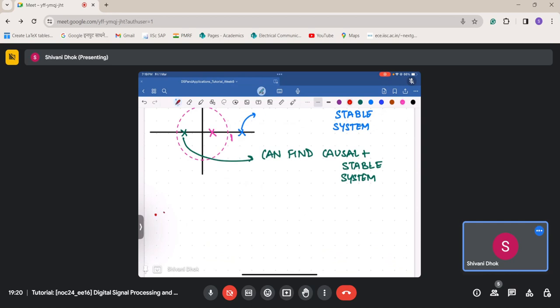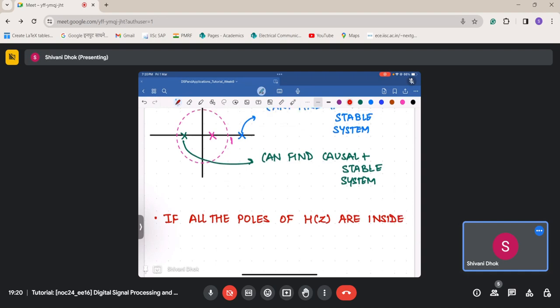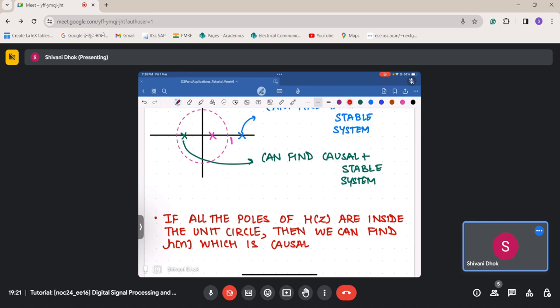So what we can conclude from this discussion is a remark that we can make: if all the poles of H(z) are inside the unit circle, then we can find h(n) corresponding to this H(z) which is causal and stable.